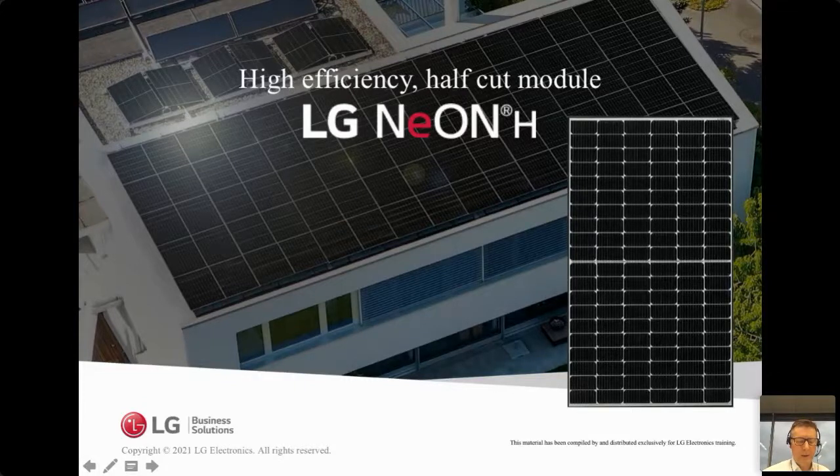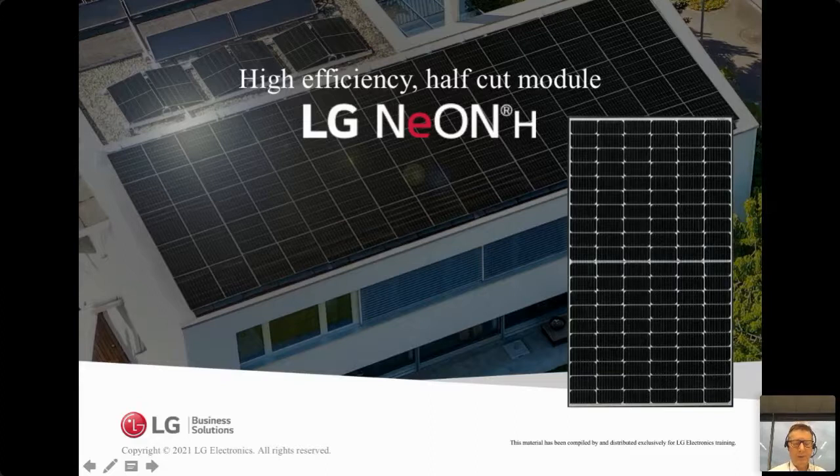We also have a 450 watt module, which is now the NeON H, the large format module. That's changed from a 420 to a 450. So for those commercial builds, it's quite an attractive module in that space. I've talked about the attributes, and now we'll dive into the bits and pieces around built to perform and built to last.